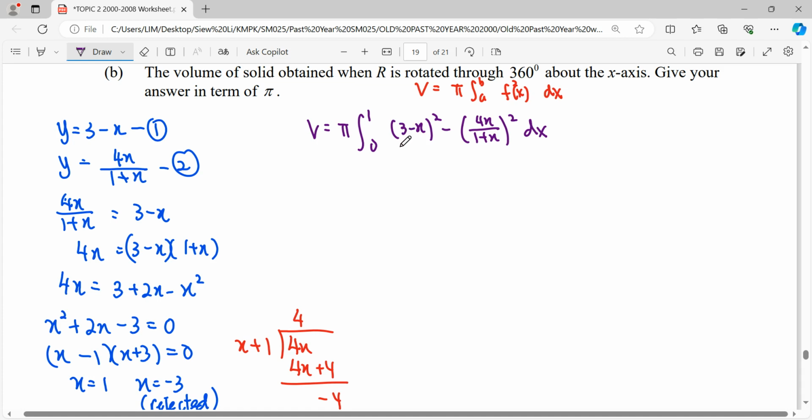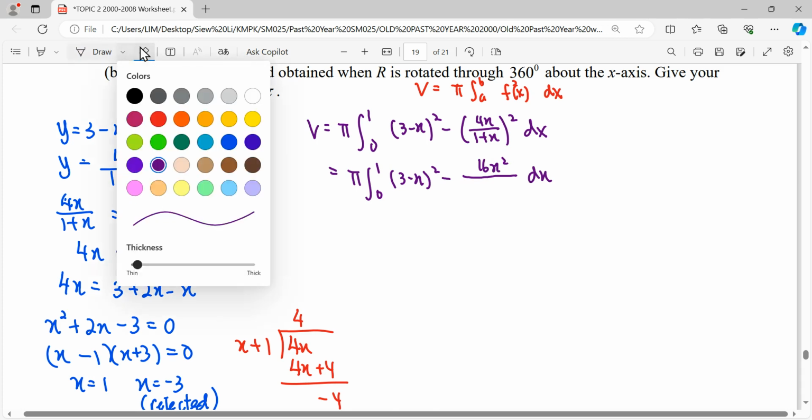For this, we can use formula number 3, a bracket of linear x, but first we need to simplify. We expand, and it will equal 16x squared over 1 plus x squared. We notice our fraction is an improper fraction, quadratic over quadratic.